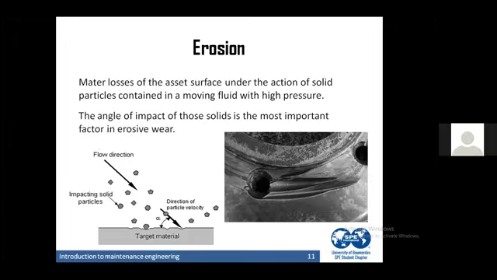And in contrary, if we have hard materials, the most dangerous angle is the 19 degrees. So this story of angles, you must pay attention to, care about it.